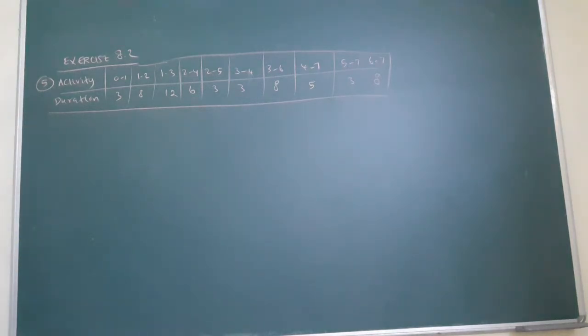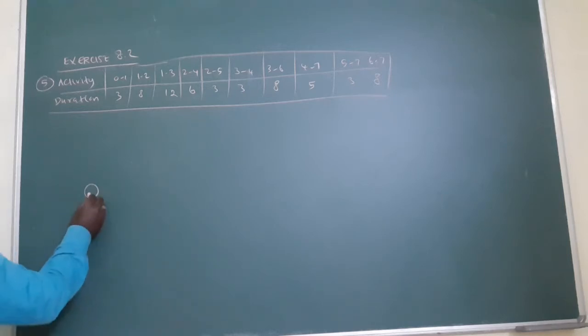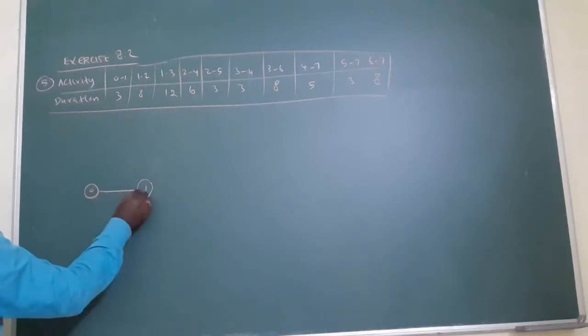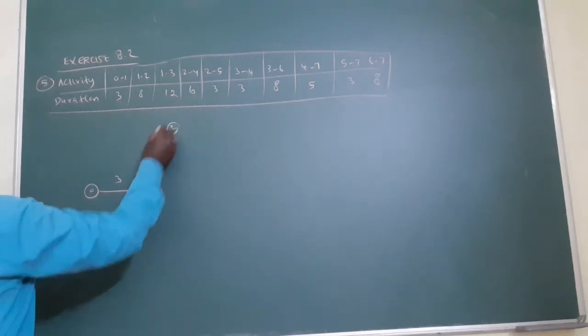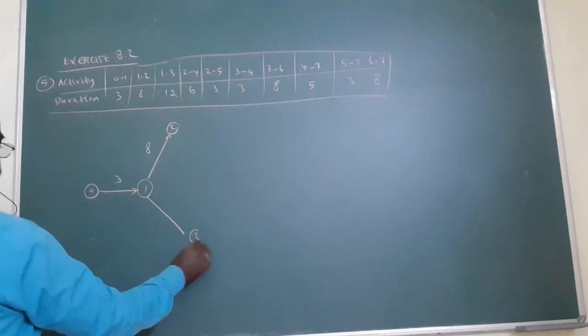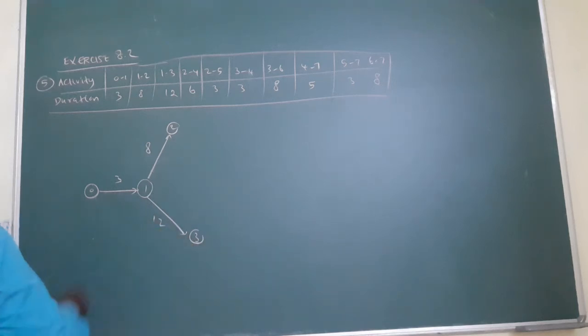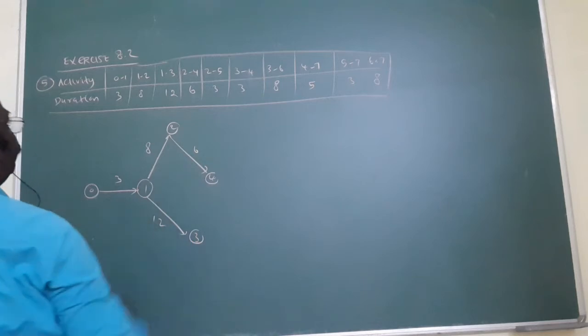Very first, 0 to 1, 3. Next, 1 to 2 is 8. 1 to 3, what is the answer? 12. Am I right? Next, 2 to 4, 6.